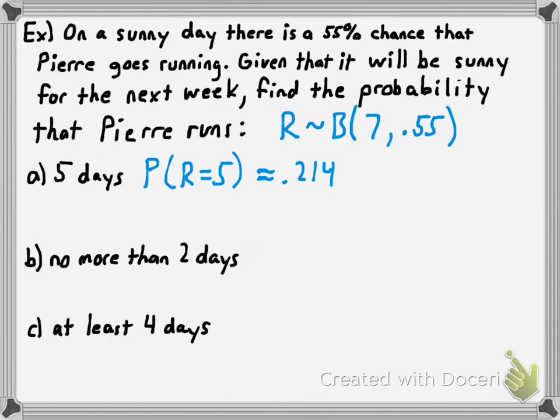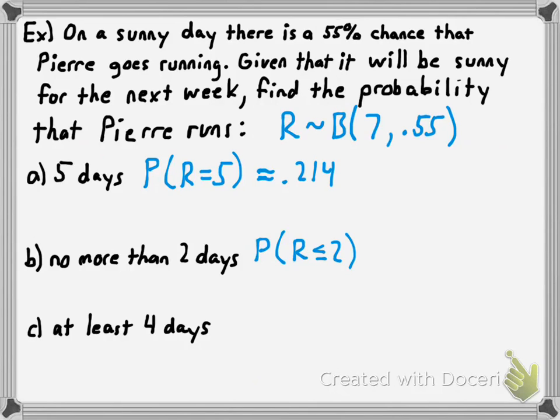Next, we're going to find the probability that Pierre goes running no more than 2 days during a week. So, the probability that R is less than or equal to 2. Now you know that you're going to use a cumulative distribution function here, and this is exactly the way it's set up, to tell you up to 2 successes what's the probability. So go ahead and use your binomial CDF, please.